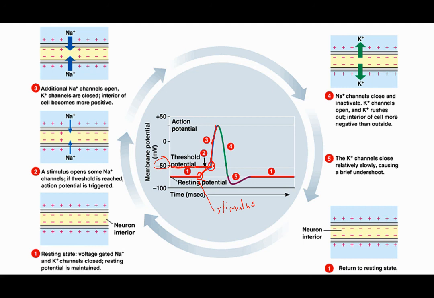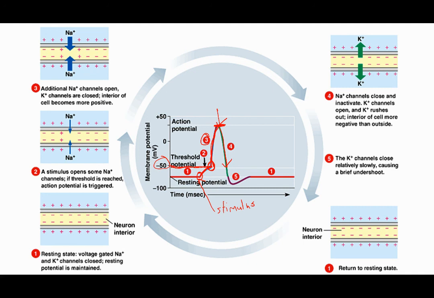As long as you meet that minimal threshold potential, all the sodium gated channels open up and you get maximum depolarization here. Again, recall 3 is depolarization. This point right here is called maximum depolarization, in which case sodium gated channels slam shut, the potassium gated channels open up, and potassium ions start diffusing out of the axon, making the inside relatively more negative.